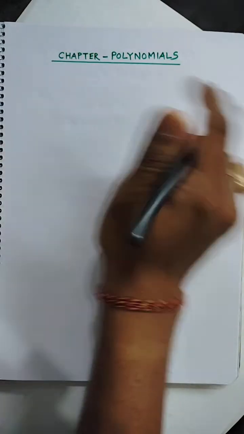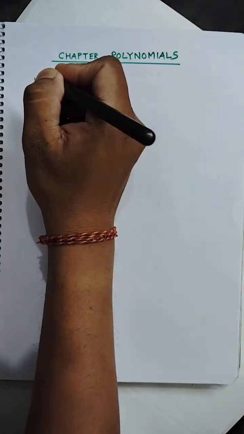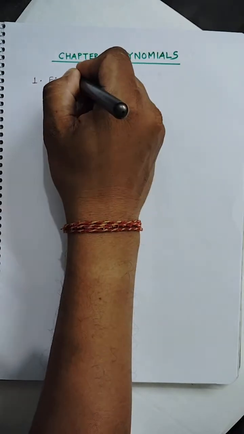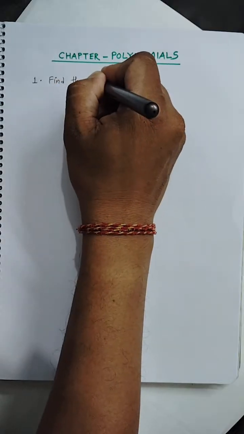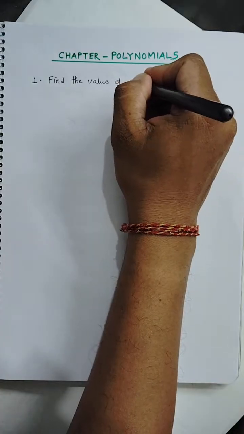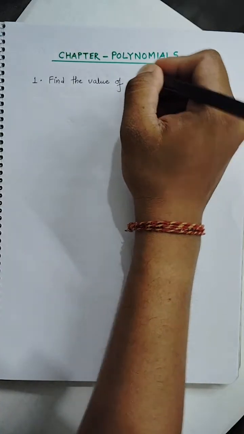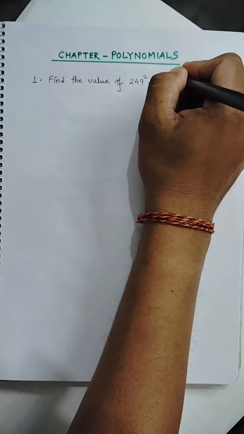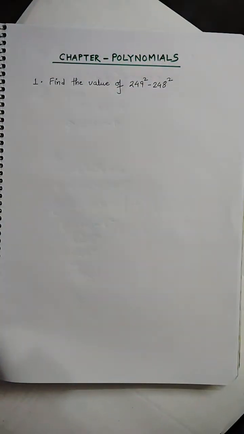So question number 1 for the day. Find the value of 249 square minus 248 square.